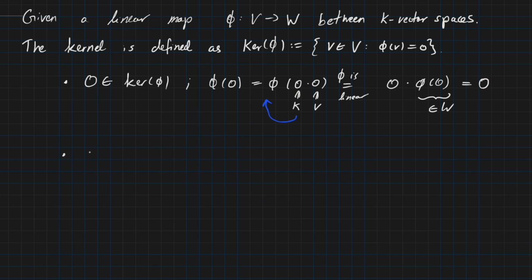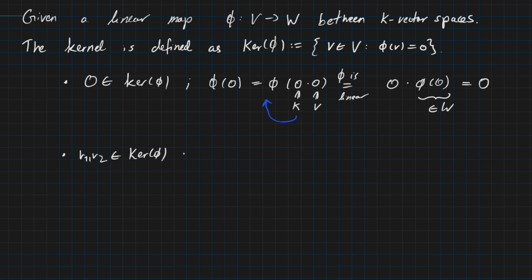So for the next property, we need to show that the kernel is closed under addition. So let's take two vectors from the kernel, v1 and v2, from the kernel of phi, and let's check whether the sum also lies in the kernel. For any vector to be in the kernel, we need to check whether phi maps this vector to 0.